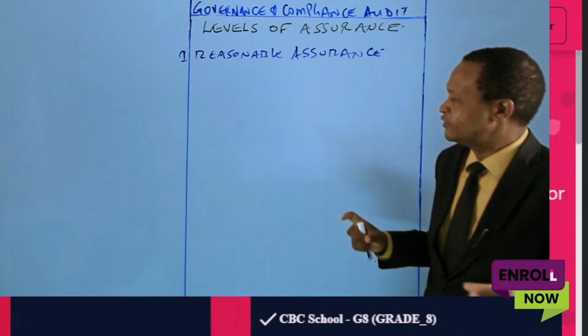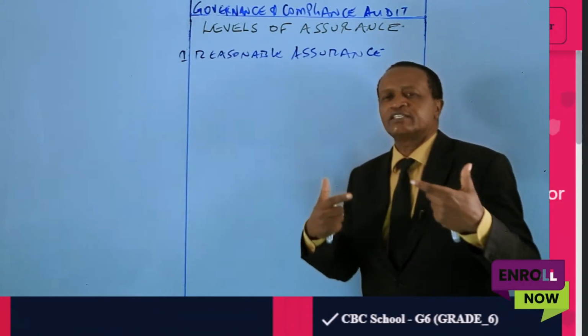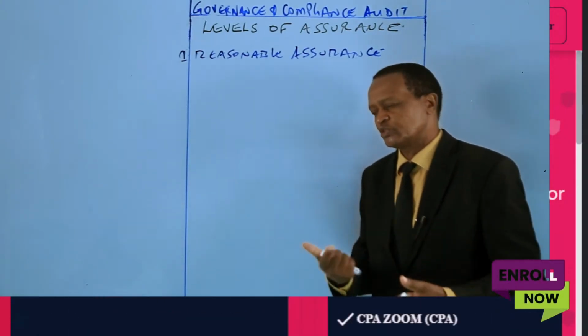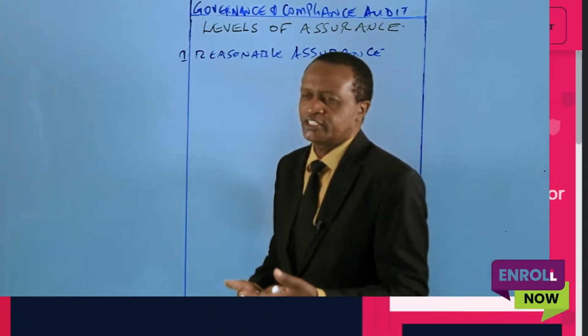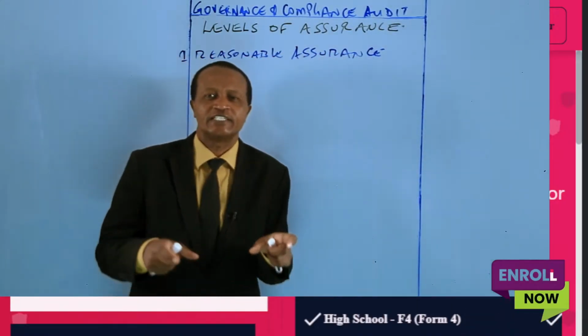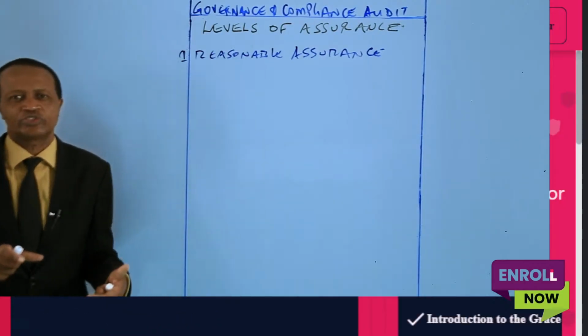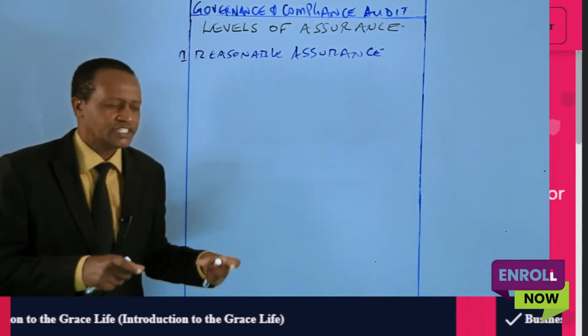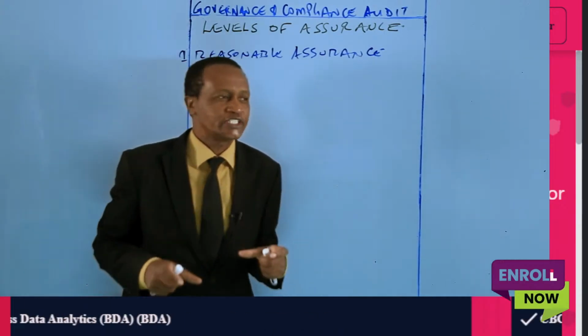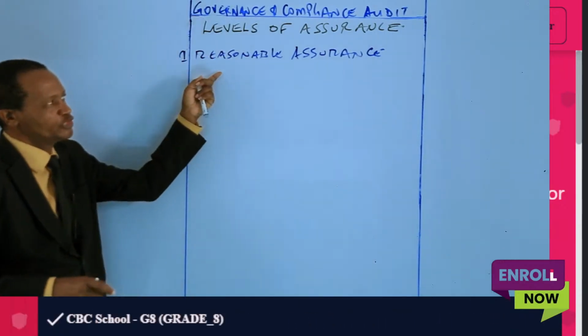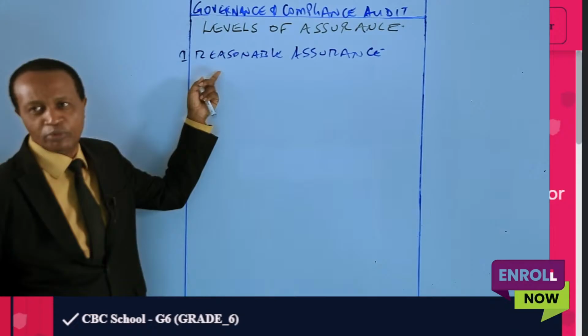The auditor can only give that opinion after conducting thorough investigation, after ensuring that he's done detailed testing, after the auditor has verified controls and compliance activities. It is only then that the auditor can give a high level assurance or a reasonable assurance.